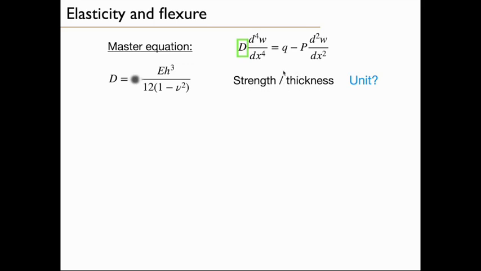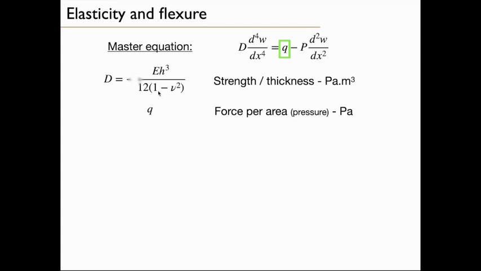So it's a combination of parameters that will be used to estimate the strength, or the rigidity of the plate. And the unit of this is, of course, Pascal times meter to the power 3. So it's Pascal meter cube.